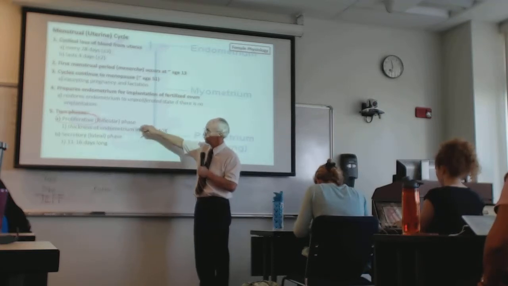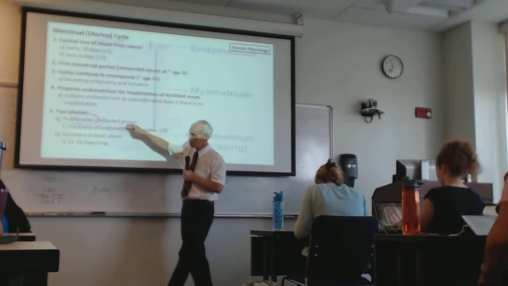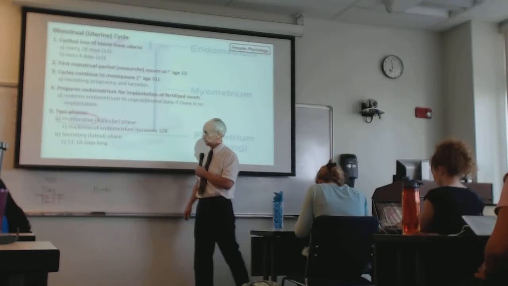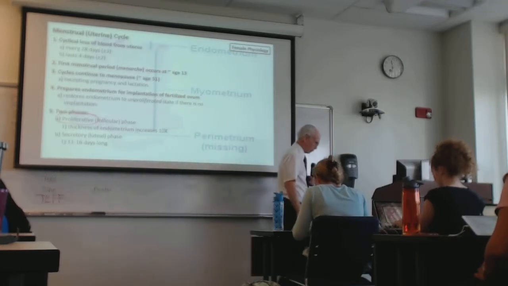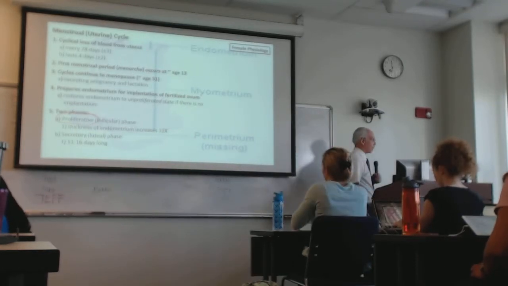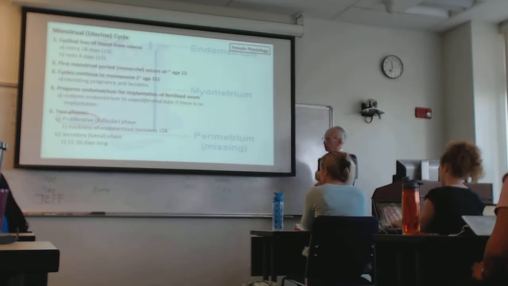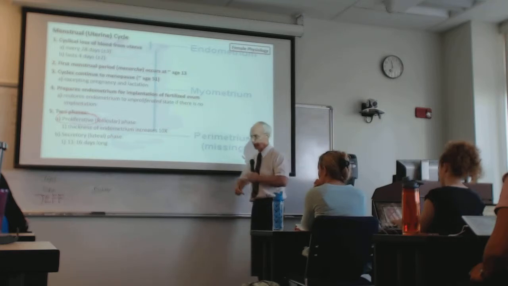So that's the first thing. Proliferative phase is preparation for implantation. The other important sequence of events that occurs in the proliferative phase is the endometrial mucosa is altered to favor movement or migration of the spermatozoa. So it's sort of paving the way.